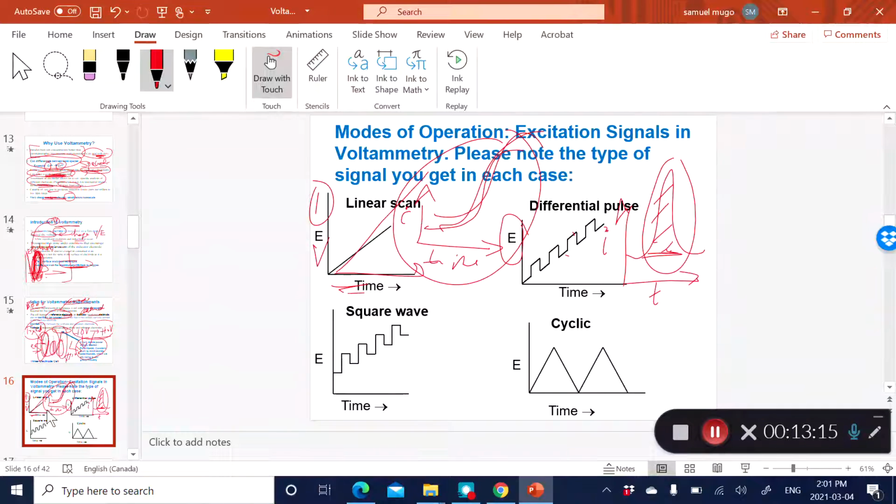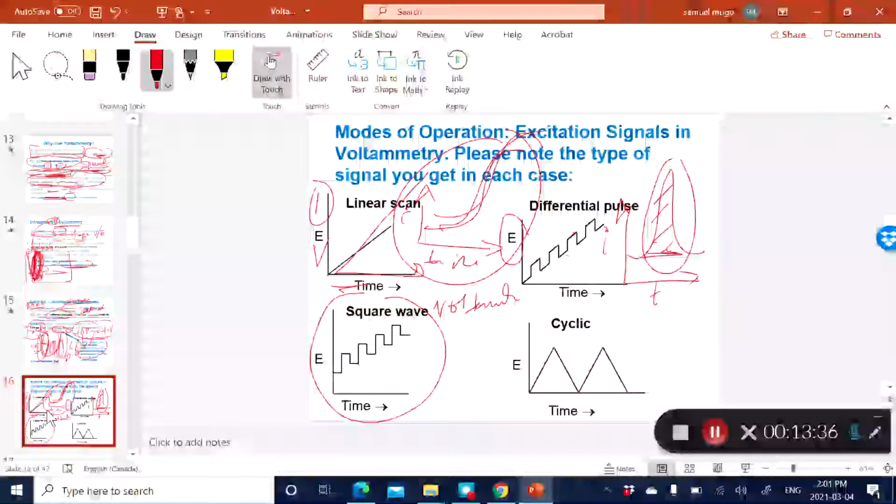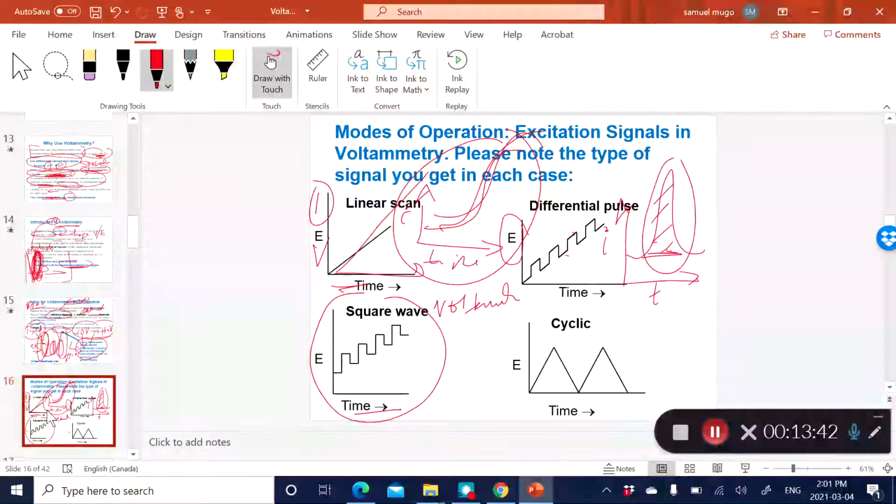So the other mode of photometry is called square wave photometry. And square wave photometry is very similar to differential pulse. The only slight difference is the voltage increases in a linear fashion, but you pulsate it into flat staircases, or square staircases, as you go up with time.